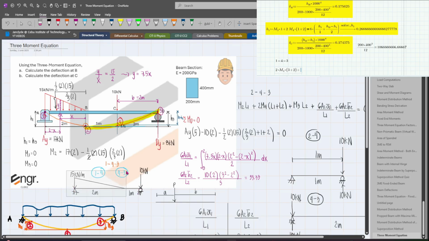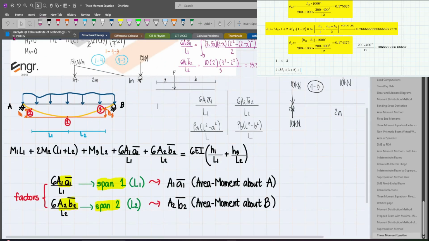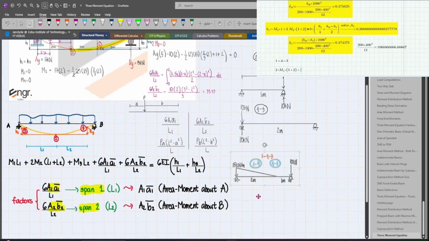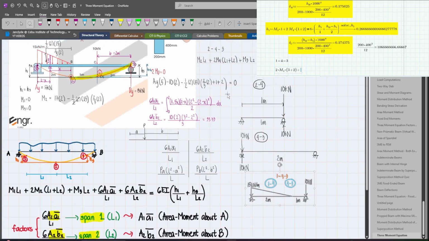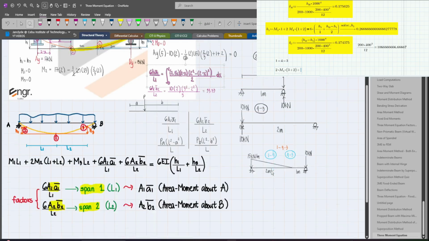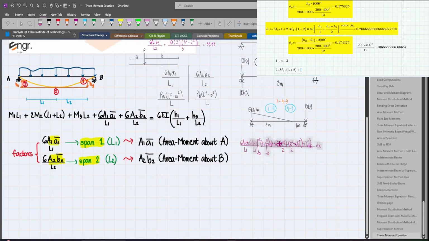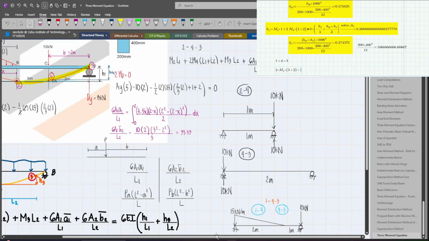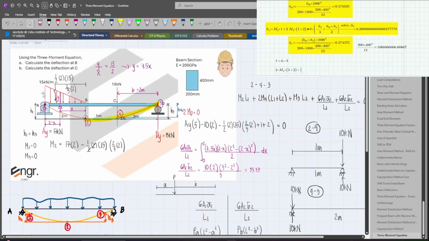Then, since this is the first span, we have to calculate 6A1 barred A1 over L1. Now, what's going to change sa figure na to? Move ko na lang yan. Essentially, we can apply this formula pa rin. Ayan. Yung value ng A natin is still 2 minus X. From the left end patungo sa point of application ng load.